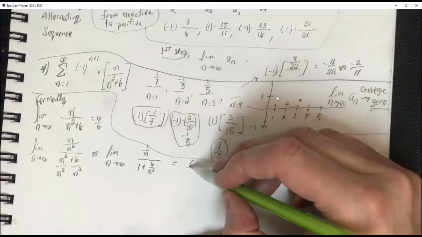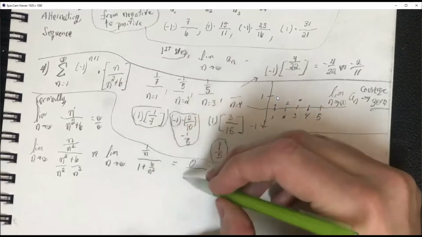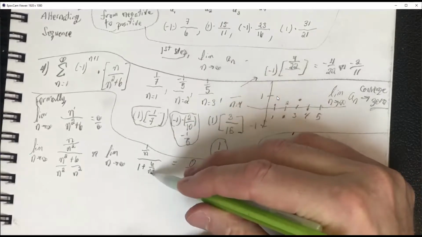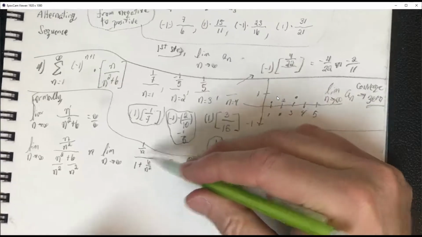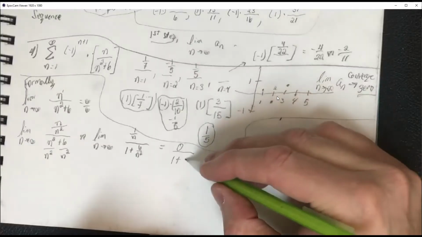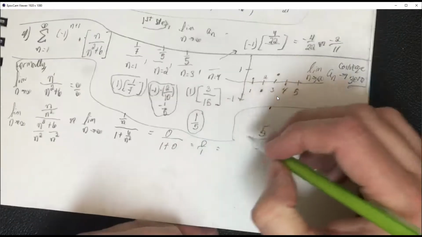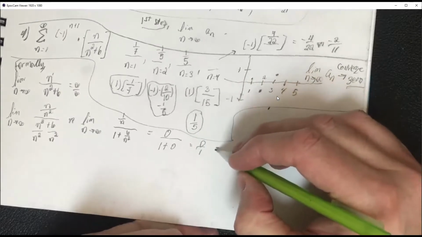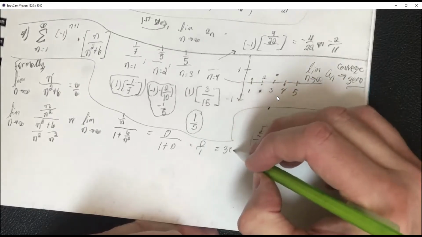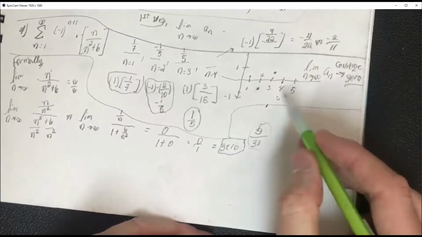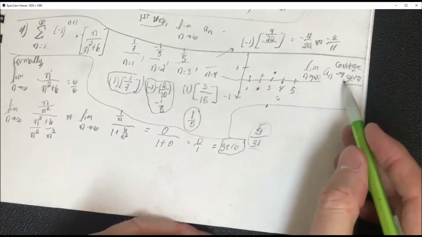To 0. 1 is 1. 6 over infinity squared, 6 over a larger and larger number also gets closer and closer to what? 0. And so we get 0 over 1. And what's 0 divided by 1, of course? It's 0.